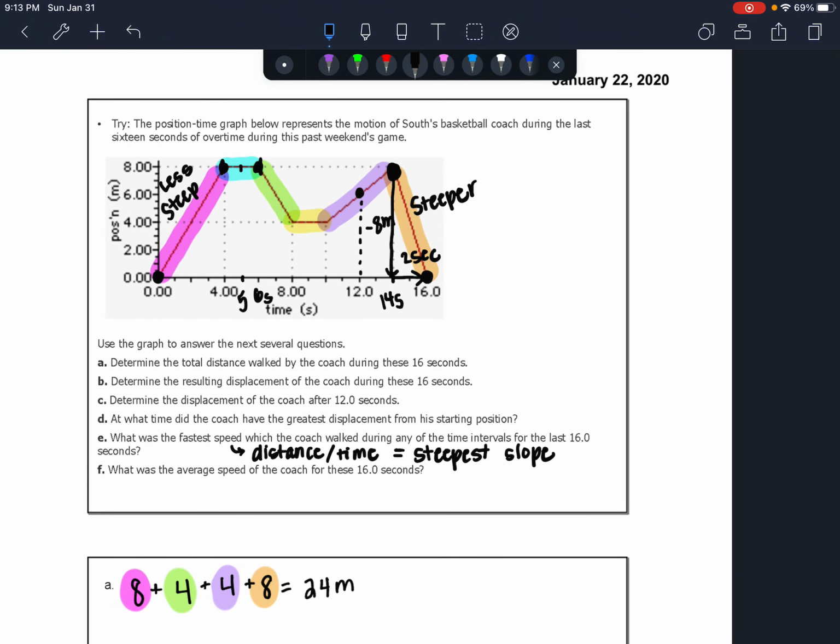Now my last question is, what was the average speed of the coach for these 16 seconds? Now to find my average speed, that means I'm going to want to take my total distance for the entire graph divided by my total time for the entire graph, instead of looking at the colored segments that I highlighted.